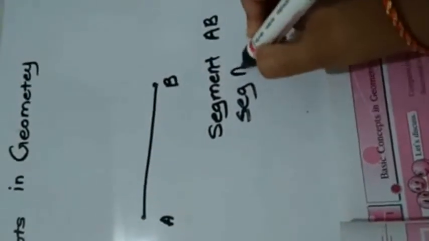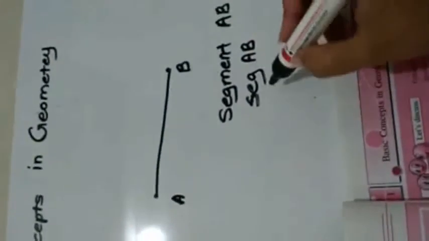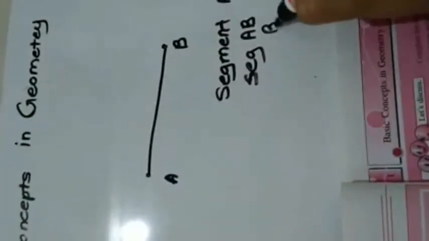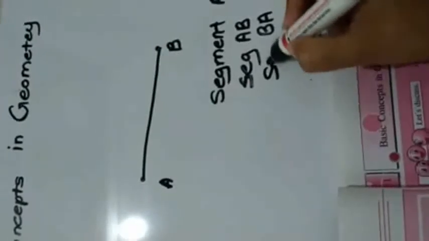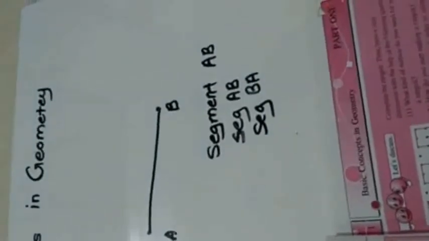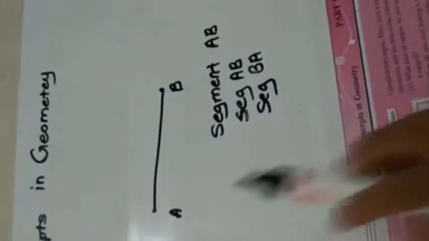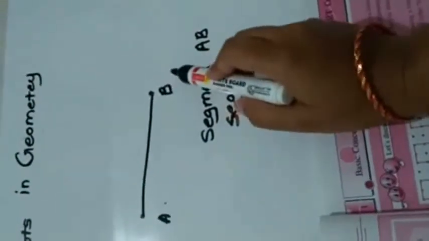Segment AB, or another short way to write it is seg AB. Or you can also write it as BA, that is in the reverse manner, because it doesn't matter whether you call it seg AB or segment BA, the segment is not going to change.